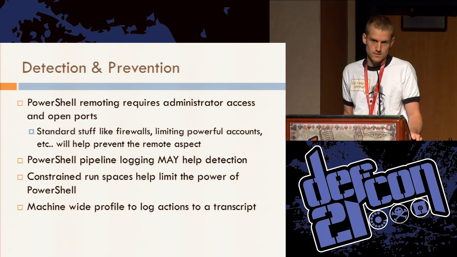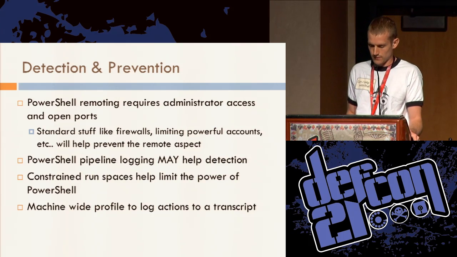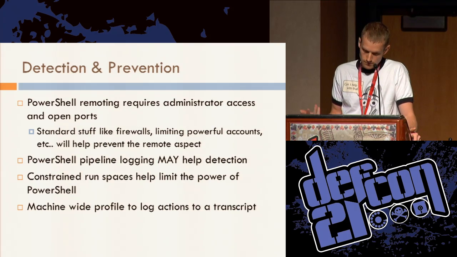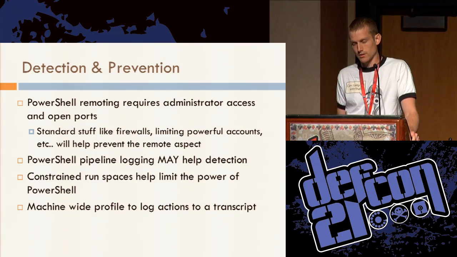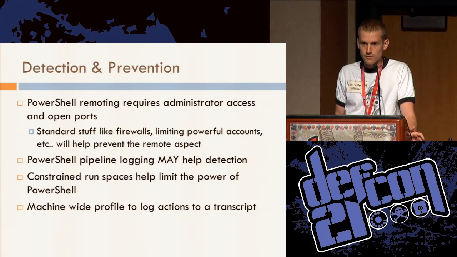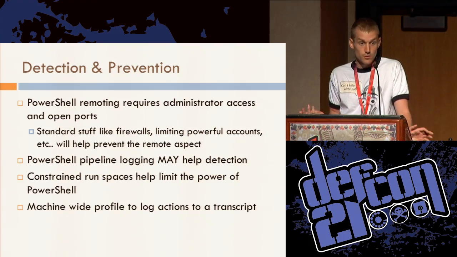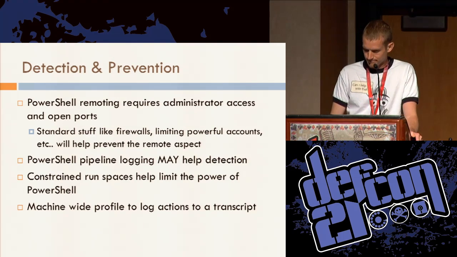So I don't have full access to the Win32 API. I only have access to these 50 commandlets that are deemed to be safe. And another one is machine-wide profile to log actions to a transcript. Once again, super easy for an attacker to turn this off. But if an attacker doesn't know that you're doing this, then you might be able to record what they're doing.